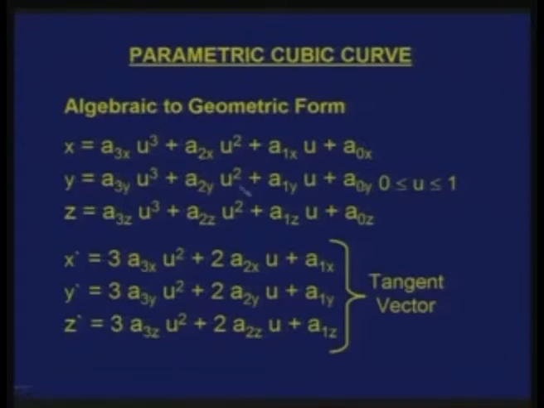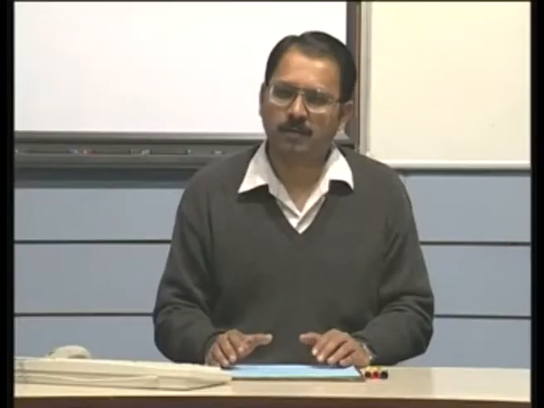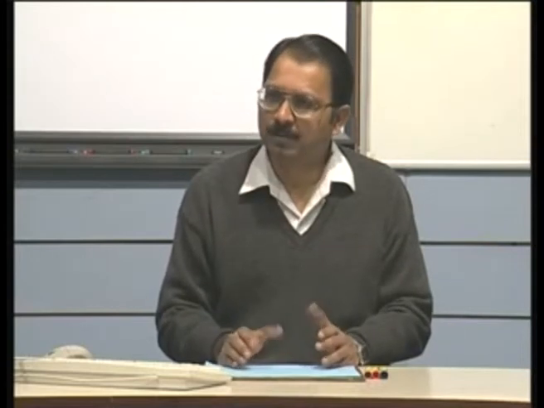You are supplying x, y, z which corresponds to u equal to 1. So, you have already given 6 inputs, start point and end point. Similarly, I also provide the tangent vector at the starting point, that is, the x prime, y prime, z prime value at u equal to 0, and also the tangent vector value at u equal to 1. So, you are giving a total of 12 inputs.